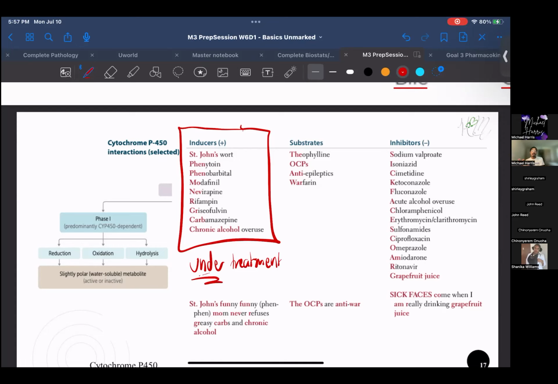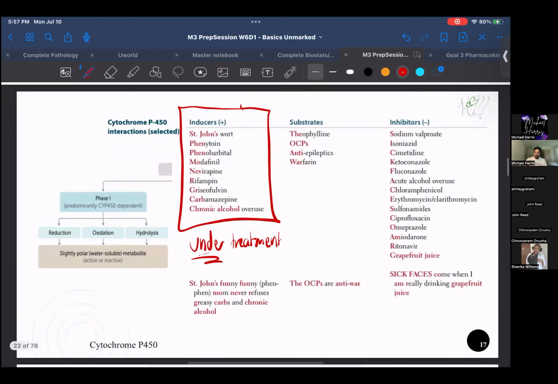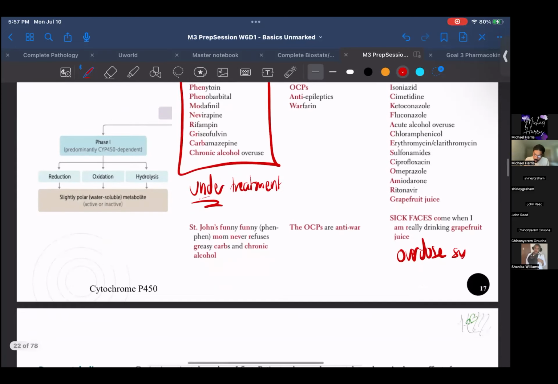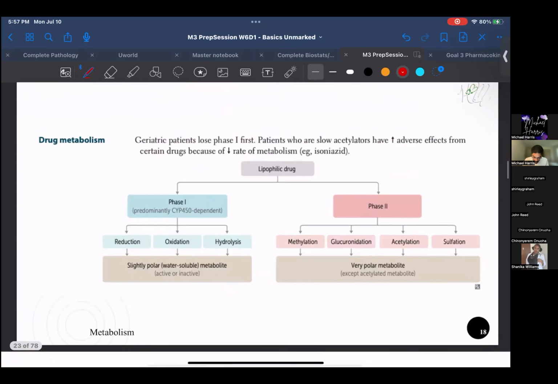Versus inhibitors. Do you see overdose symptoms or under? Overdose. Perfect. Exactly. You won't ever get away from this. This will follow you to your grave now that you're a doctor. Okay. All right, good. There are some mnemonics here that you can use to remember them. All right. Let's keep moving on.